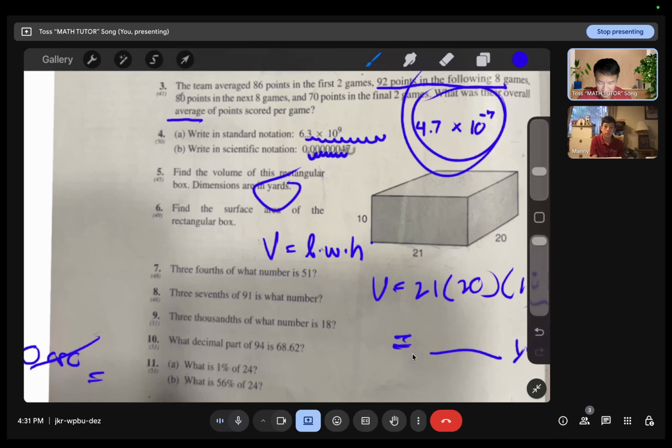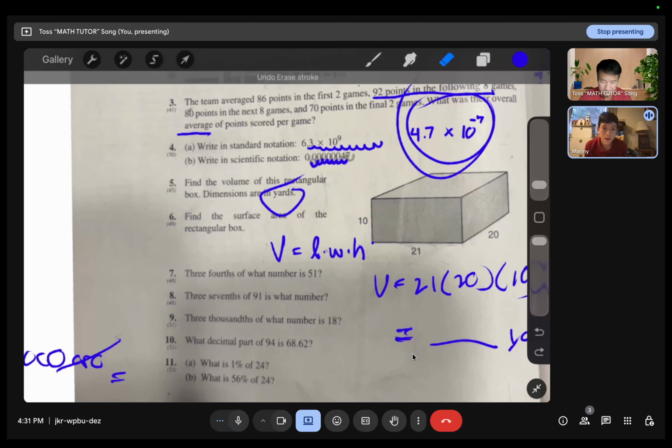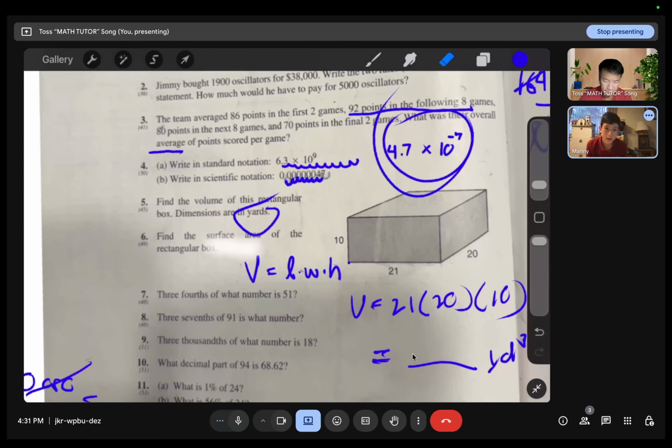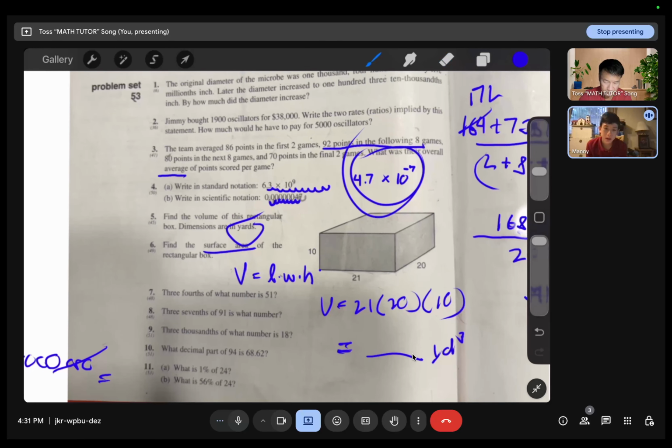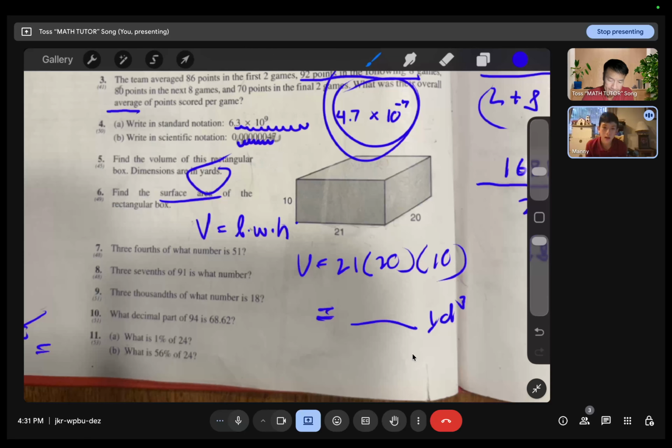What about 6? Find the surface area. So you have to do 21 times 10 times 2, which is 210 times 2. And then 20 times 10 times 2. Okay, good. And then, okay, continue. And then 21 times 20 times 2. Good job.